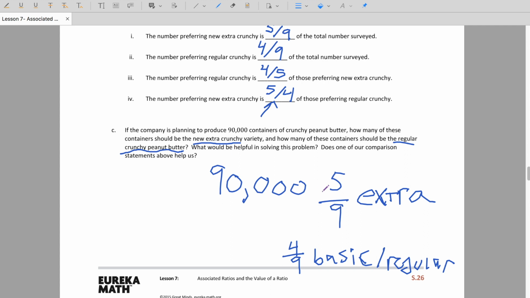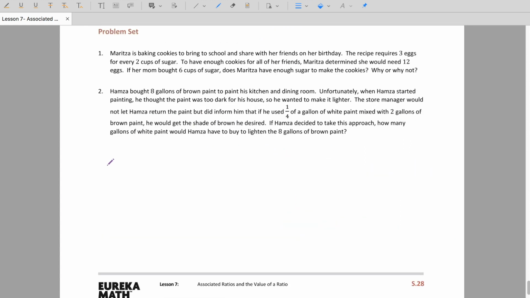Okay, so the way we can figure this out is by multiplying this number and this number together. But it's not asking us to do that, so I'll let you guys do that on your own if you want. I'm actually going to do problem 1 on the problem set with you guys.